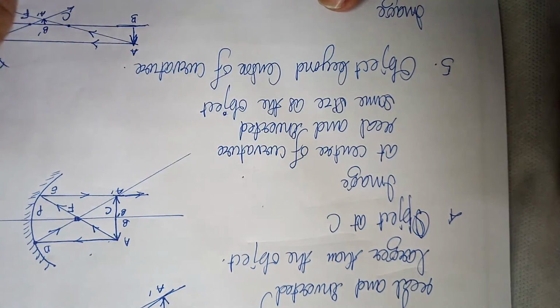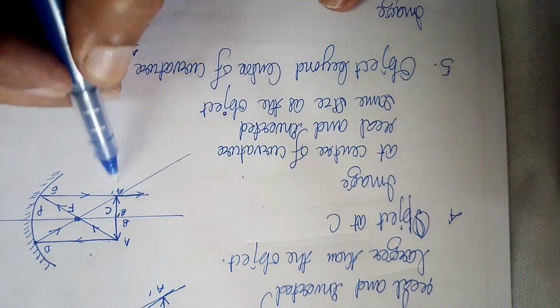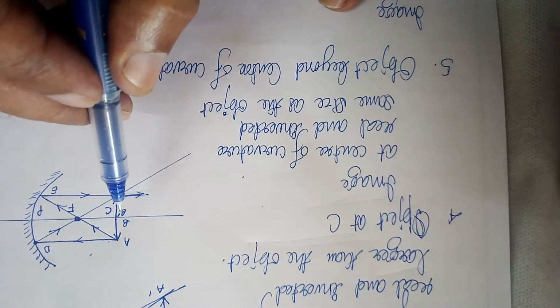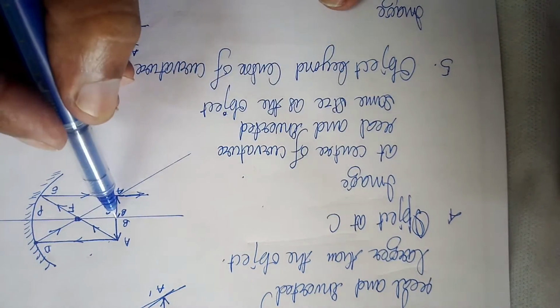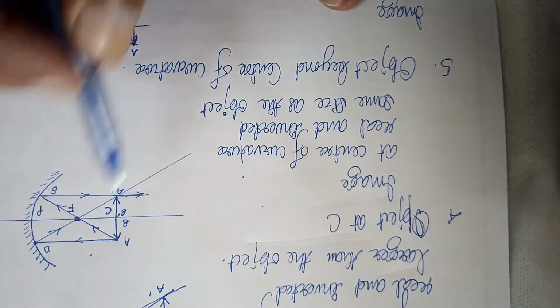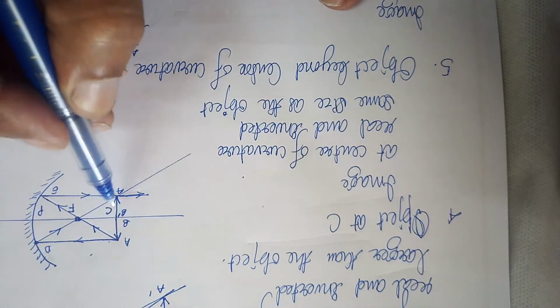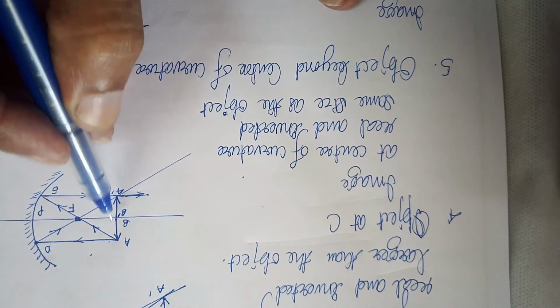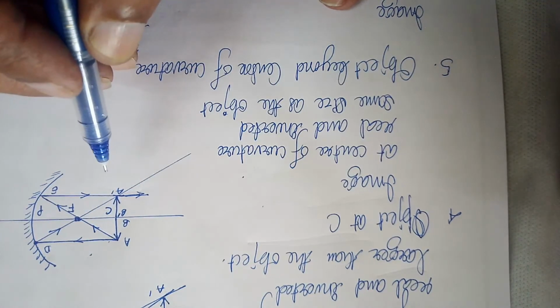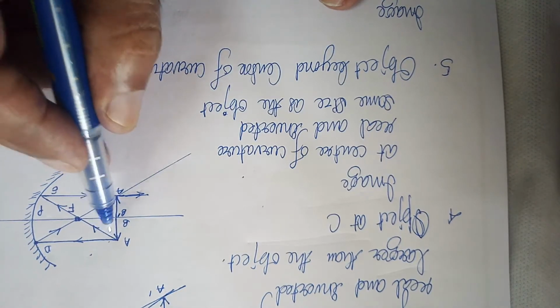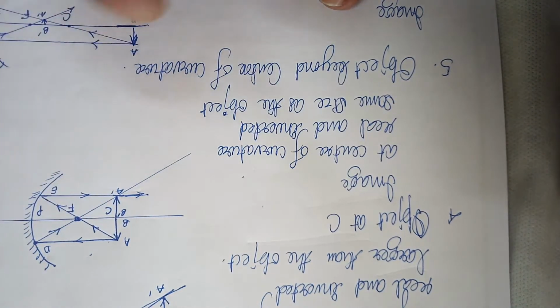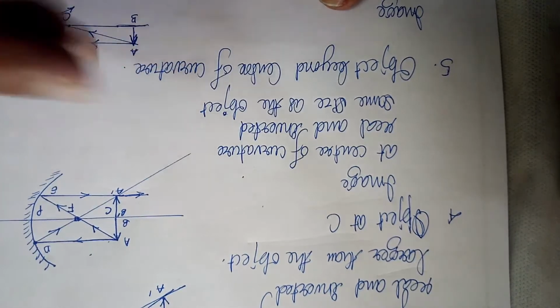This is the image formed by the object kept at this center of curvature, and we can see the image formed is the inverted one of the same object, and it will be of the same length or same size, we can say.